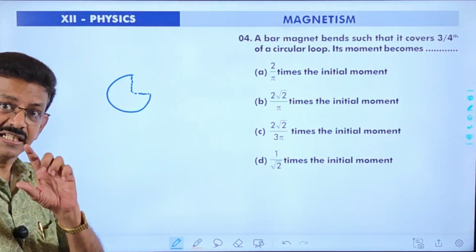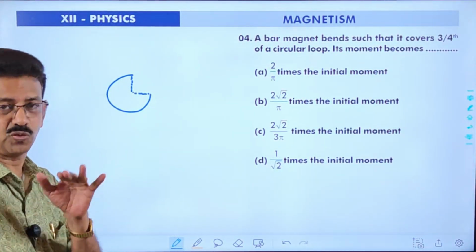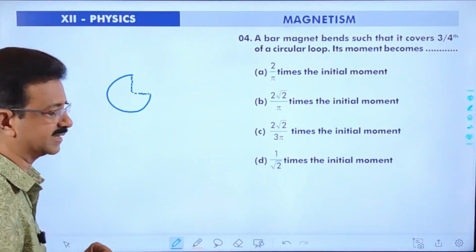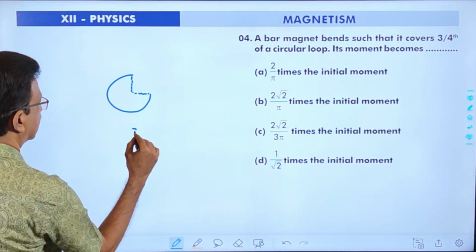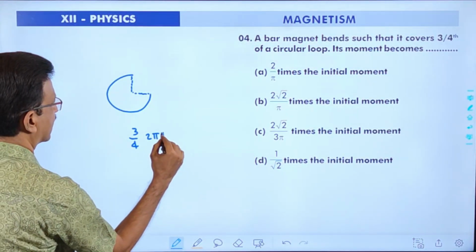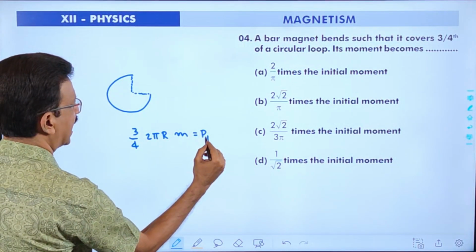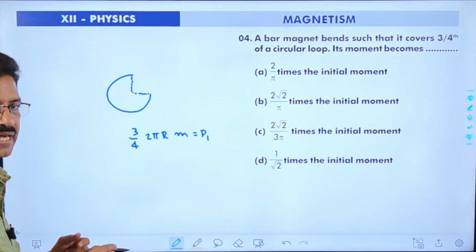If the magnet is in the straight form, it will have a length of 3/4 of 2 pi r, 3/4 of the circumference. 3/4 of 2 pi r into pole strength gives the magnetic moment before bending.